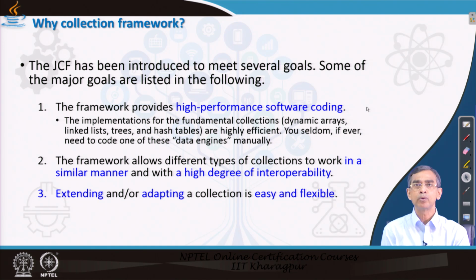Changing from one type of data structure to another, for example storing information in an array and converting it into a tree for some reason, you can do that. So the Java Collection Framework is highly essential for this interoperability. That means you can switch from one collection to another with a very simple piece of code.